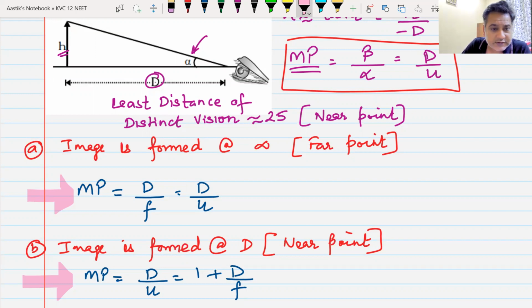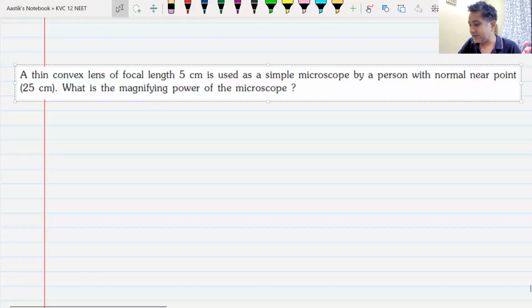Then that takes us to the next heading, and instead of going forward, what I'll do is I will give you a question, and I hope that you can give me the answer to this question. And this question is pretty simple. In both the cases, you have to find out the magnifying power. So the question goes like this.